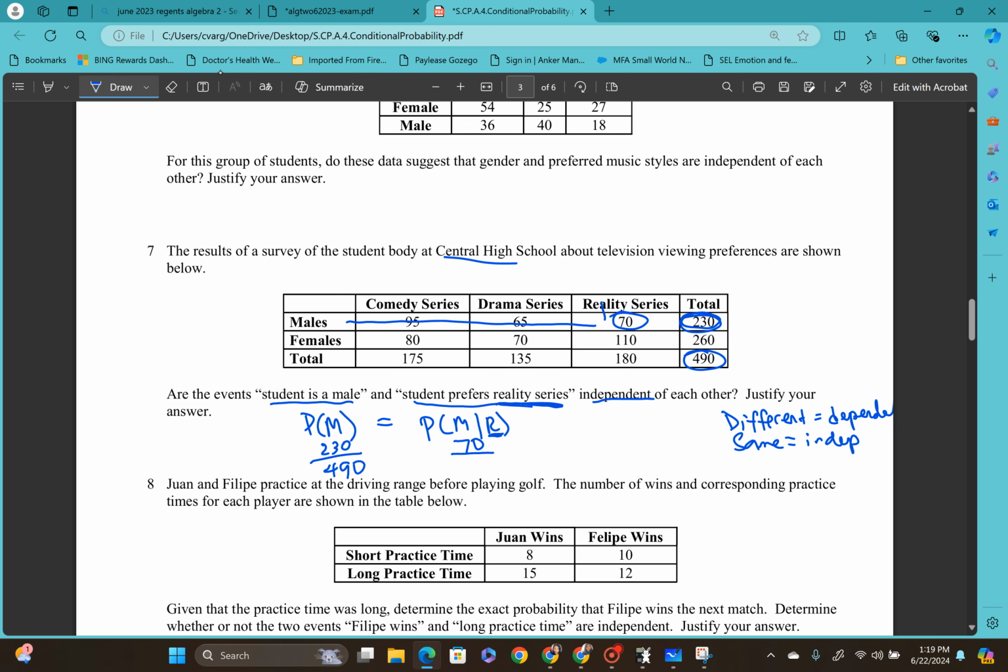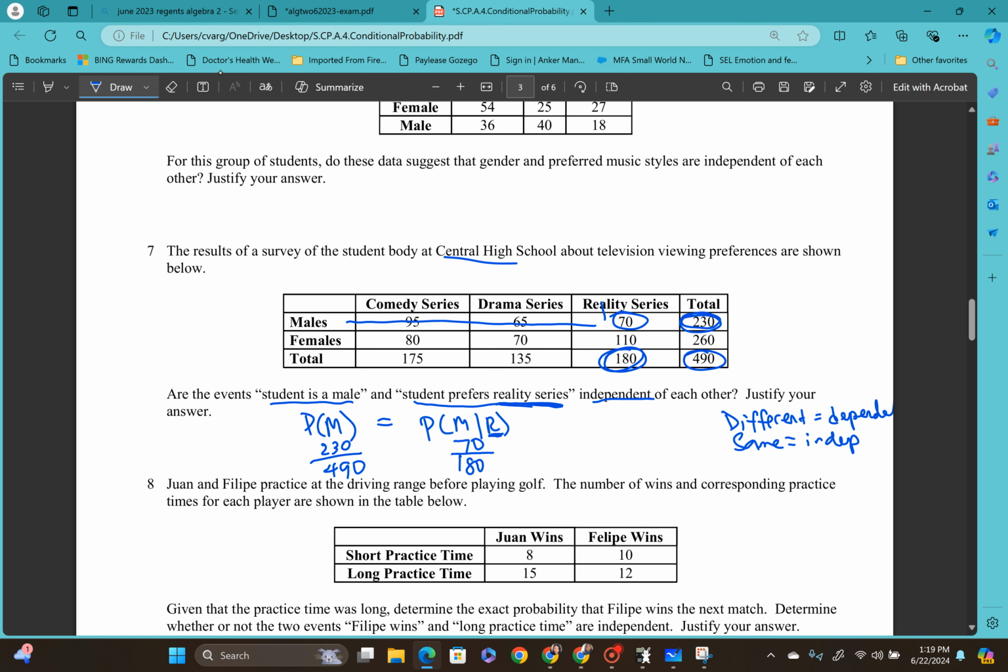How many reality series people are there? There's a total of 180 reality series preferences. So what we just did is the formula that we did before with given. Males and reality is 70. We wanted to see where they meet.